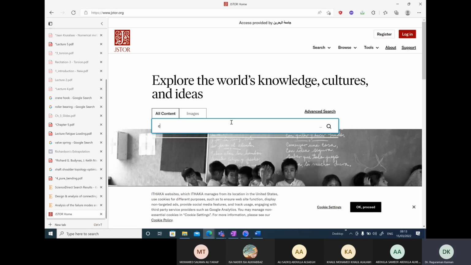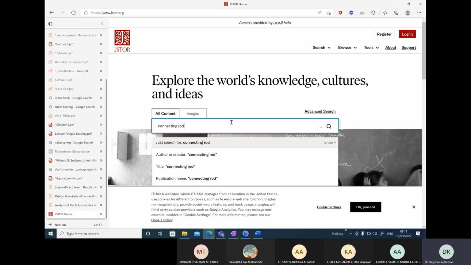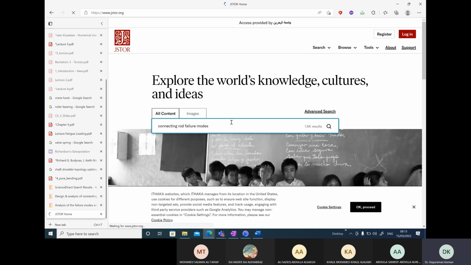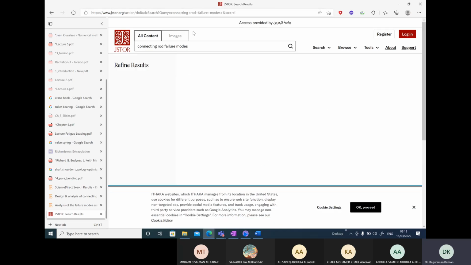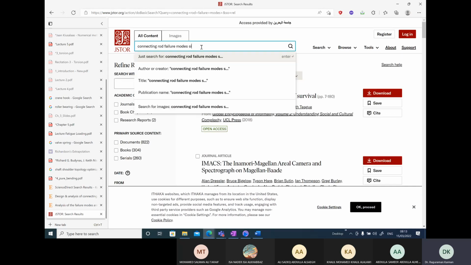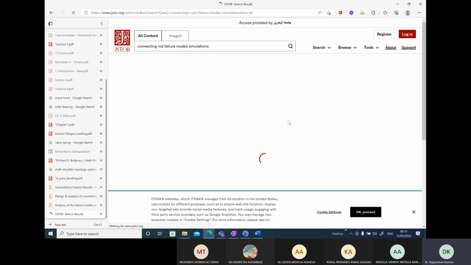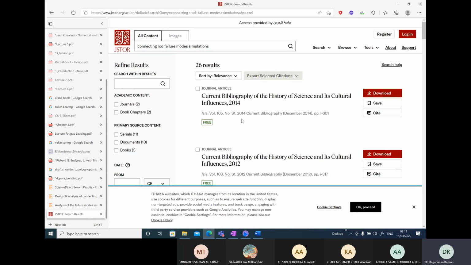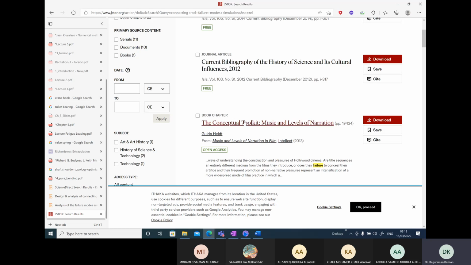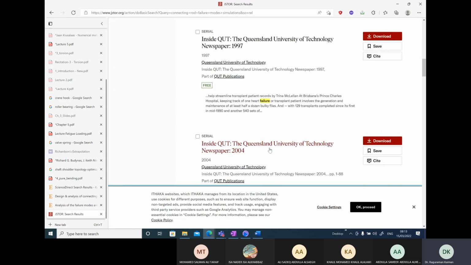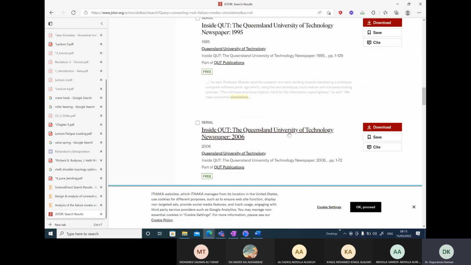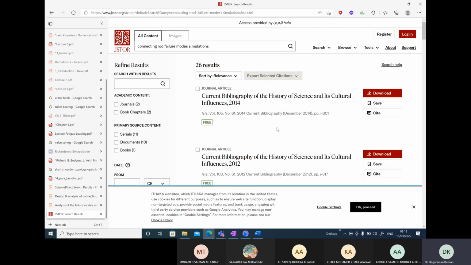So again, let's check connecting rod, failure modes, and click on it. Specifically, we can see simulations. I want to see simulations directly. Okay, so type in simulations, and you might get some information. Specifically, we are not getting anything with respect to connecting rod here.